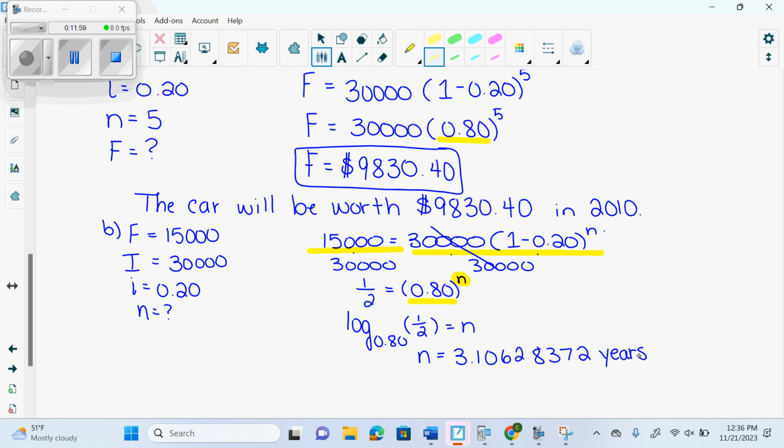Now, that's a lovely answer, but it asks us to get it into what? The nearest tenth, which we wrote down as 1 decimal place. So n equals 3.1.